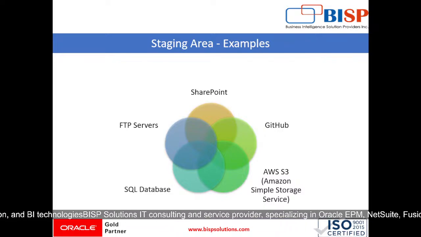GitHub allows the versioning of data migration code, transformation scripts and metadata that manage the migration process. For example, developers can store scripts for cleansing and mapping data in GitHub, which ensures the migration process is repeatable and trackable.